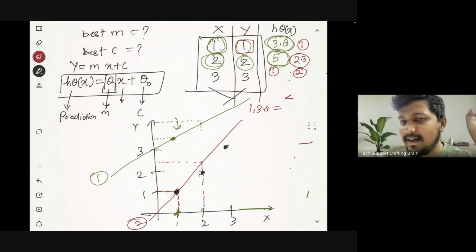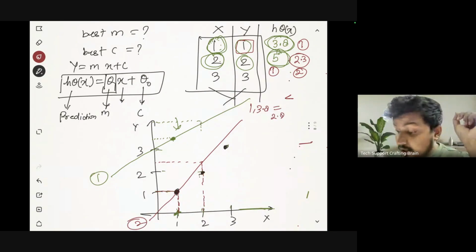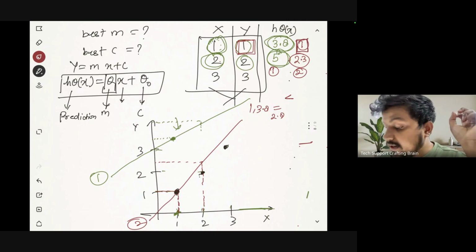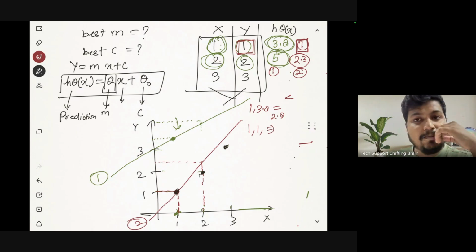How much difference are we having? Error means difference here. 2.8. Very good. Now, for our actual value 1, we predicted 1 from the second line. So what is the difference this time? 0. That is very good.